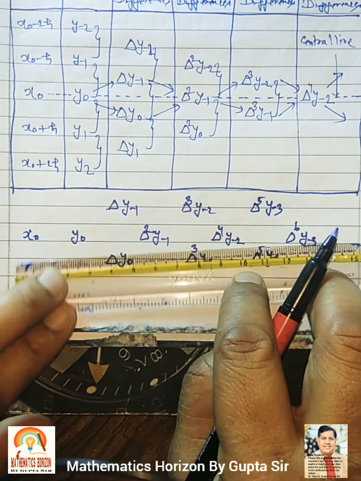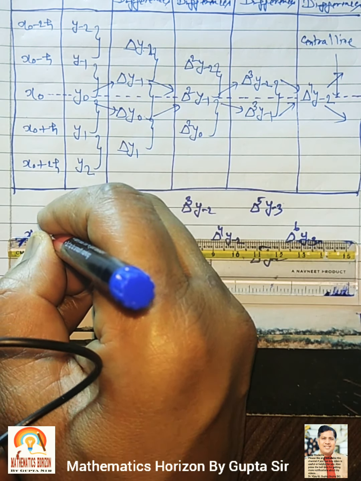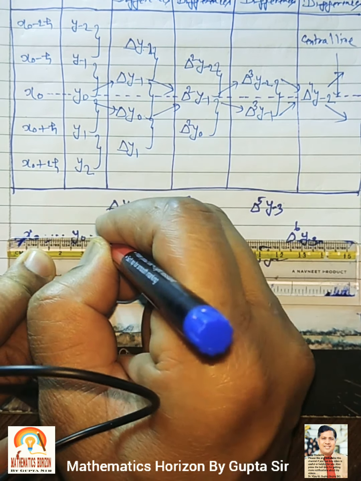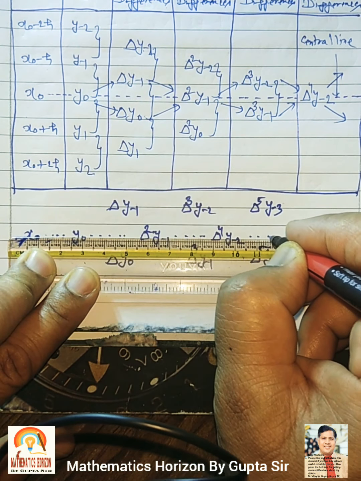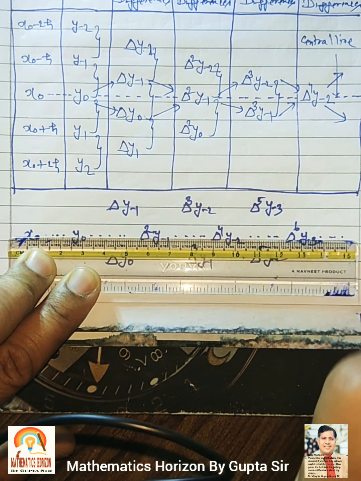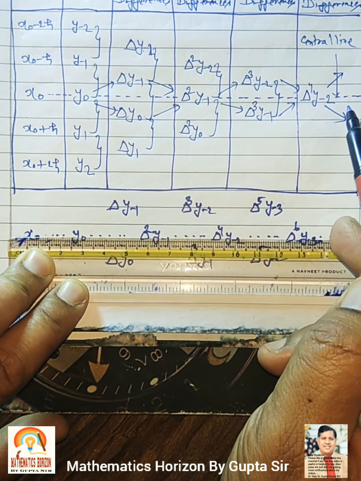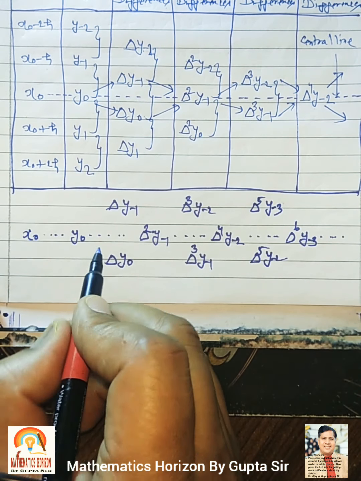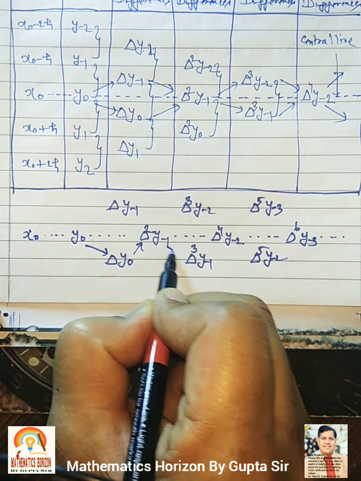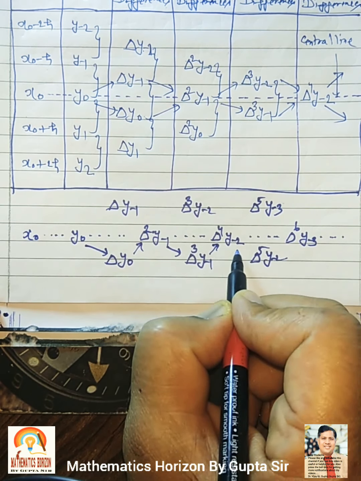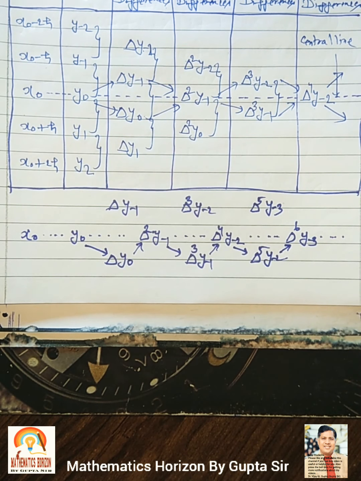Here this is the central line. In this way we get differences on this central line. This is the same as we have here, and these are the differences below this central line. In every question I will discuss this central line.